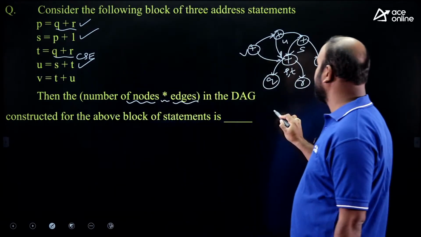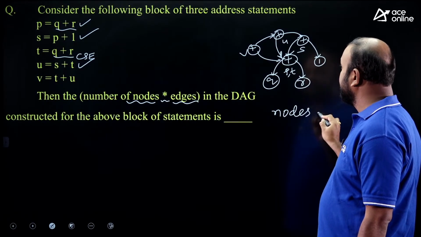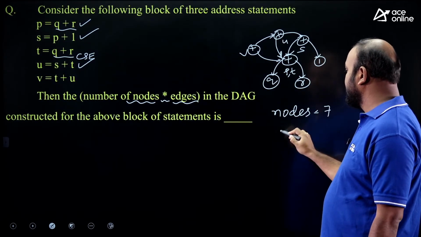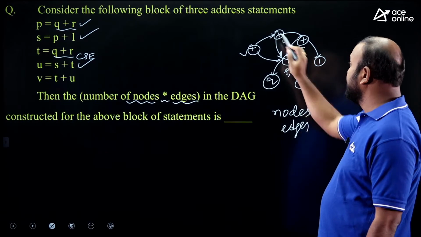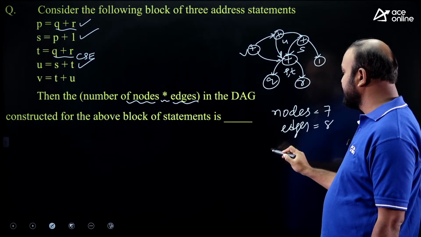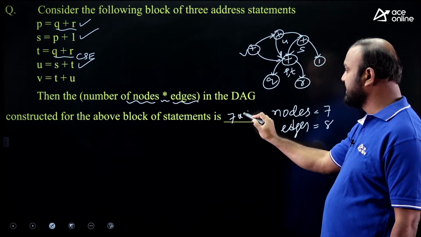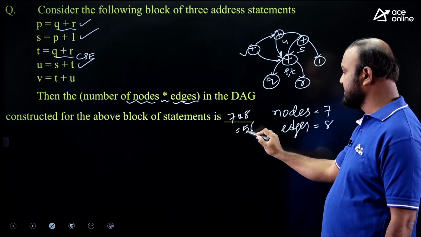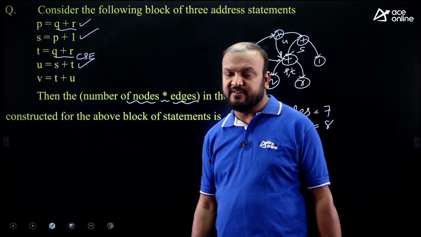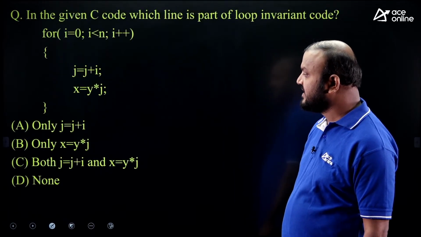Number of nodes: 1, 2, 3, 4, 5, 6, 7 nodes. How many edges? 1, 2, 3, 4, 5, 6, 7, 8. Nodes into edges is 7 into 8, which equals 56, is the answer, right? So the question could be slightly different. This way you can expect.